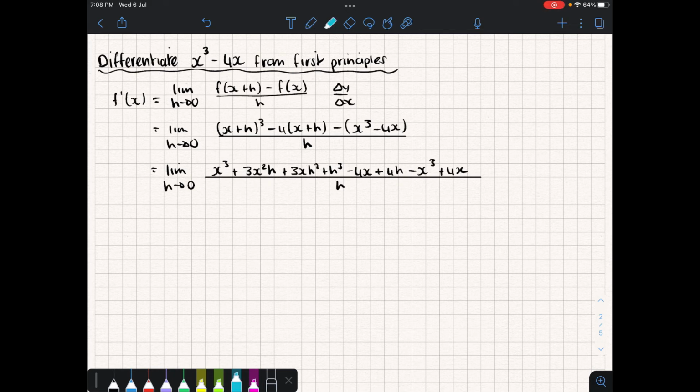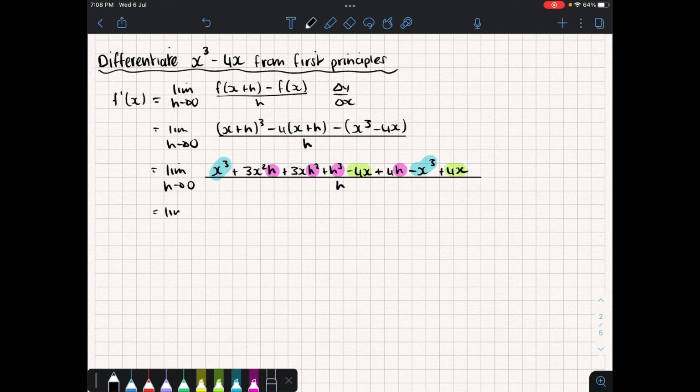So once again, we'll see that we can cancel out the x cubed terms. We can also cancel out these two 4x's. And in every one of these terms, I have at least one h, and so I'm going to factor it out in the next line.